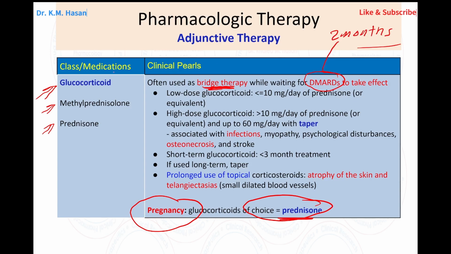Therefore, we use a corticosteroid to see a quick effect. Then we can remove this medication gradually in order to avoid suppression of the hypothalamus pituitary adrenal axis. They also remind us this medication may cause increased risk of myopathy, infectious disease, and osteonecrosis.